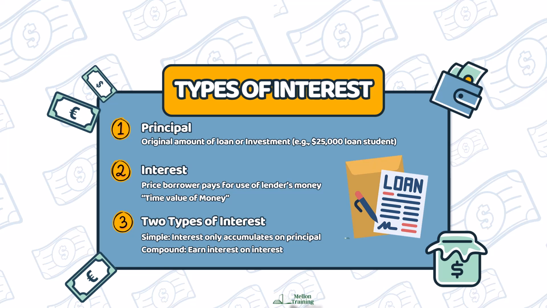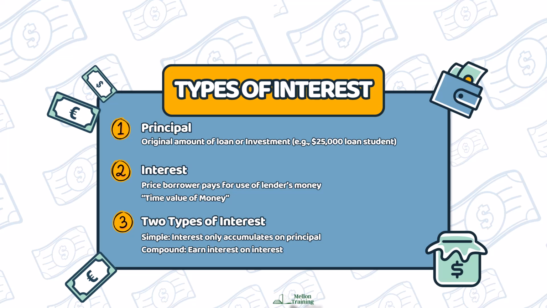But the bank isn't going to give you the money out of the goodness of their heart, right? They need to be compensated for having paid the seller for the price of the house. And so the interest is the price that you as the borrower will pay the bank for the use of their money. So this is very much tied to the concept of time value of money, right?